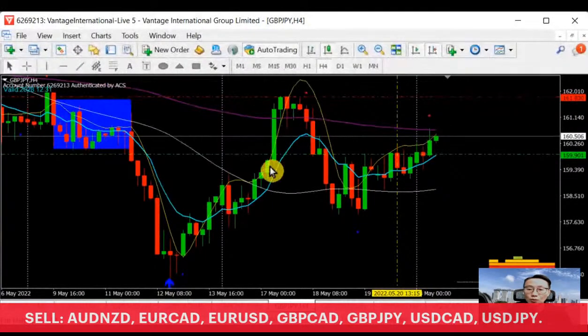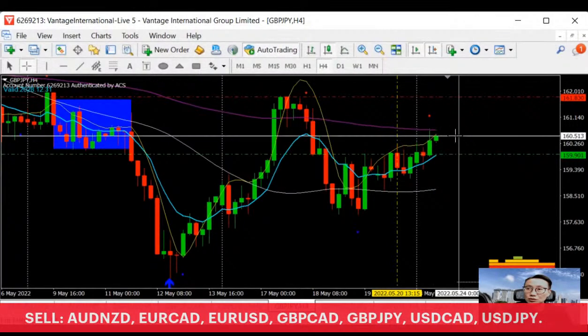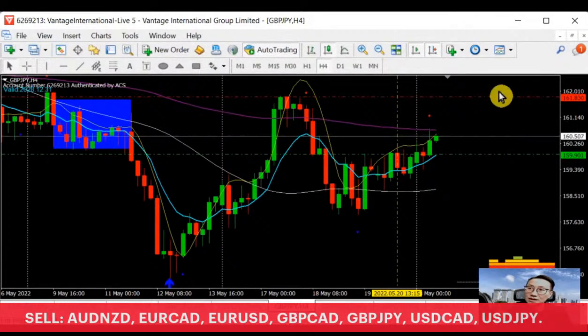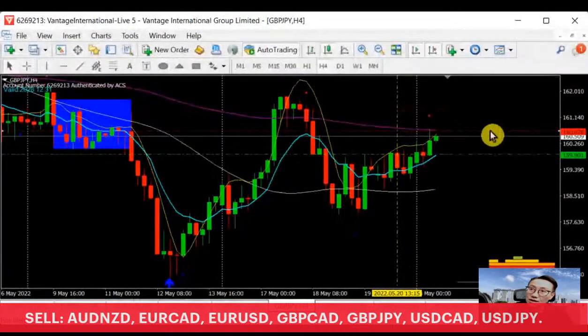Why do I say so? It's because right here we are still in the resistance area. Currently, we are still in the resistance area. The resistance is from here to here, this area of resistance.